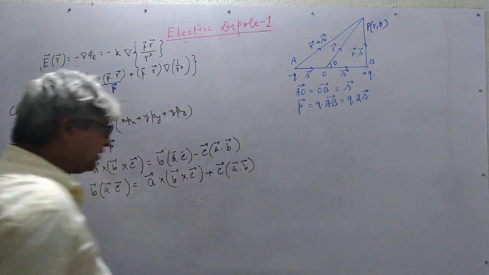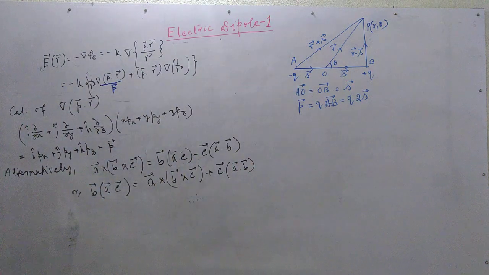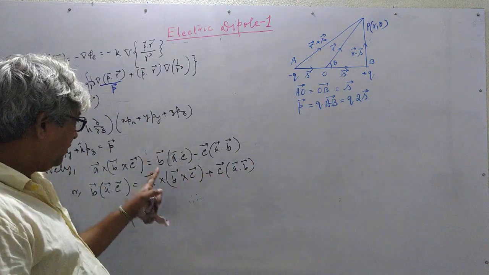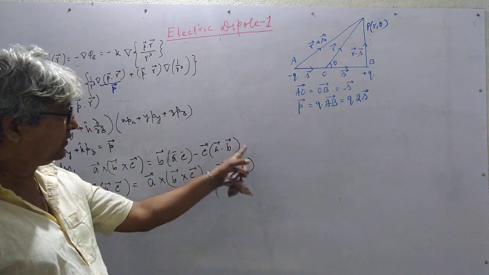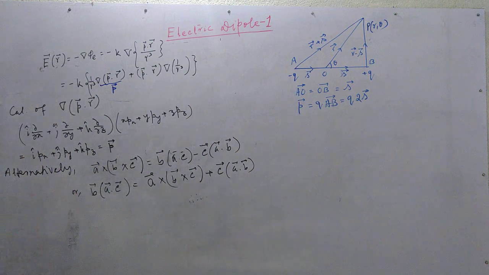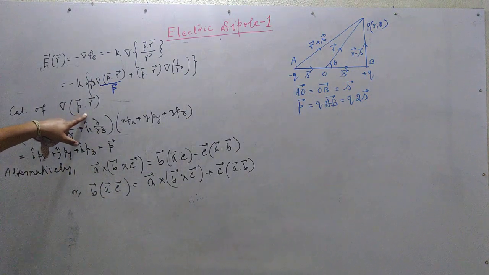In the case of three vector fields A, B, C, one can write B over here or over here. Similarly, C can be written here or here. We use this vector identity for the evaluation of this term.